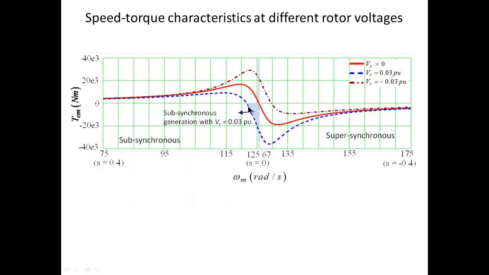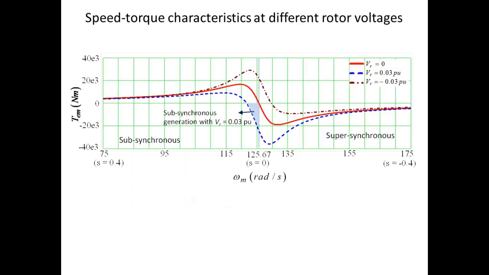Why it is special is it shows that for this type of VR, this type of phase relationship, even at these positive S, the subsynchronous mode of operation, the torque is actually negative. So negative torque, positive speed corresponds to negative power, or actually in our motor convention, it is really electric power being generated by the DFIG machine.